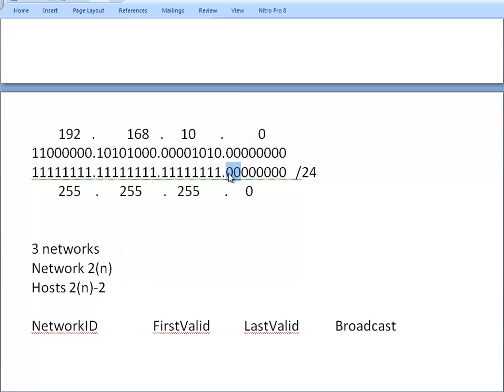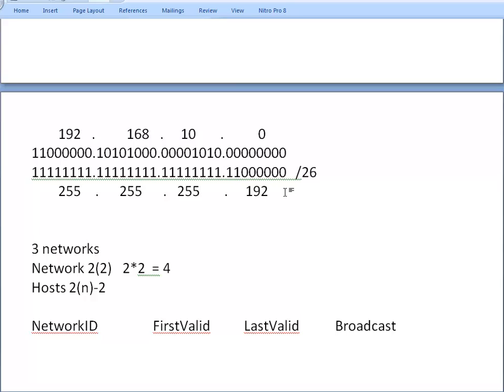If I borrow 2 bits, the formula will become 2 to the power 2, in other words, 2 times 2 equals 4. So that's good. We get 4 networks, but 3 we need, 1 may be spare. So the prefix length will be /26. The subnet mask will be 128 plus 64, 192.